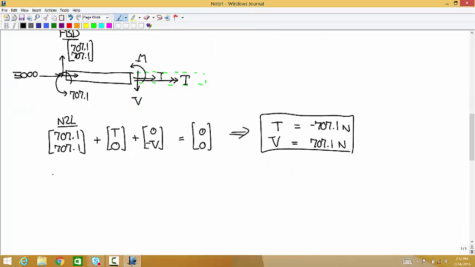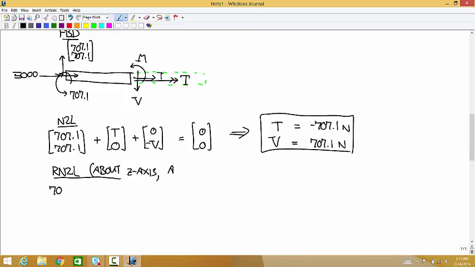And now let's do the rotational equation. I'm going to break it up into moments about z. So about the z-axis, we have the couple 707.